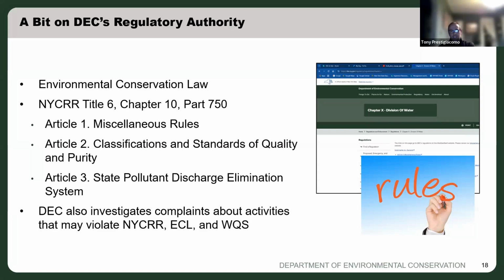They outline the classifications and standards of quality and purity for New York's waters, and they outline the DEC's roles in the SPDES program. And in addition to those, DEC also investigates complaints about activities that may violate the environmental conservation law or the Code of Rules and Regulations. If a water quality standard is being violated, the DEC has the ability to step in, no matter who it is, to either informally or formally change that behavior to protect water quality.